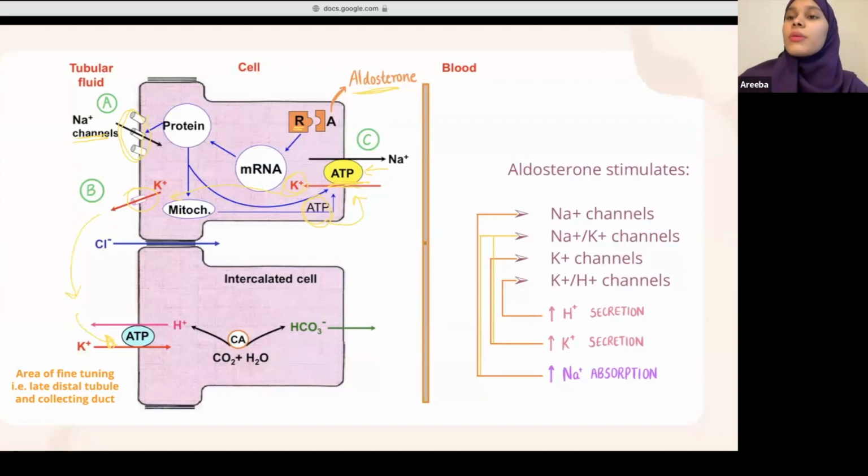So what you can remember is aldosterone stimulates these four channels: sodium channel, sodium potassium pump, potassium channels, and potassium and hydrogen channels. This one is going to end up increasing the hydrogen secretion into the tubule. And the potassium channels are also going to increase the potassium secretion into the tubules. And what about the sodium? The sodium is going to be absorbed more, okay? So that's the effects of aldosterone.